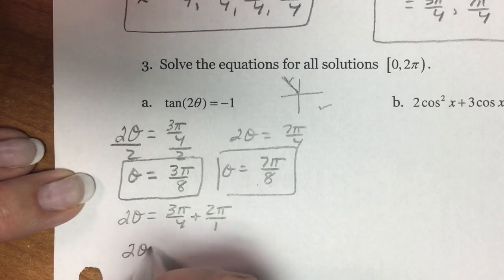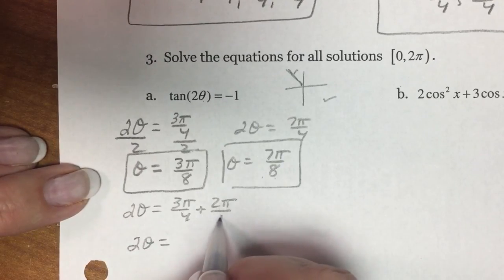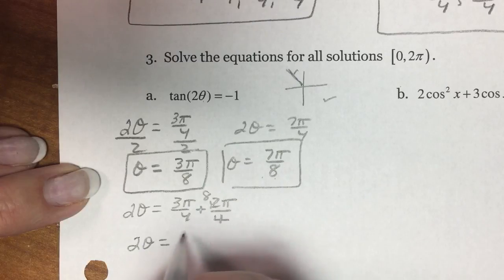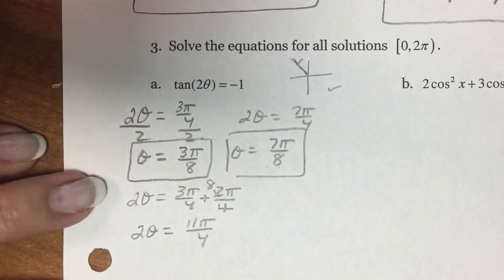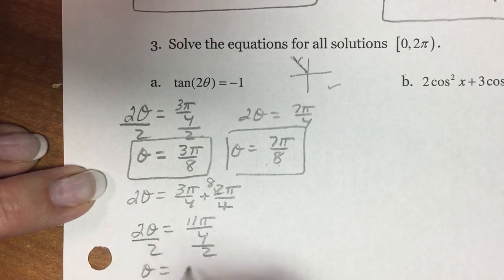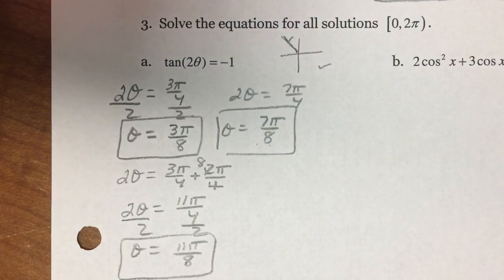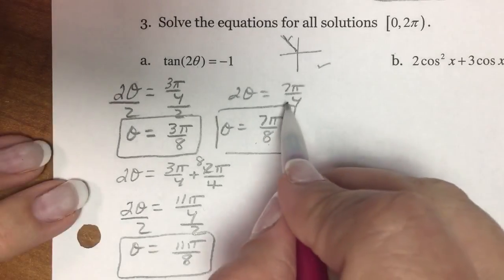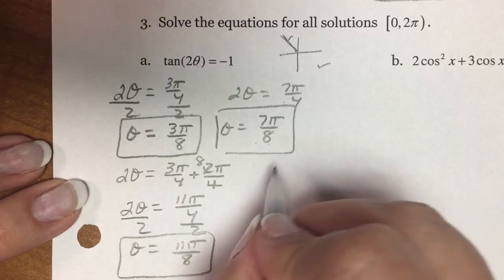If I do that, I get 2 theta equals, with a common denominator, this would be a 4 and this would be an 8, and you can see I get 11 pi fourths. When I divide by 2, that's going to give me 11 pi eighths. And yes, that is smaller than 2 pi. So that's another solution.